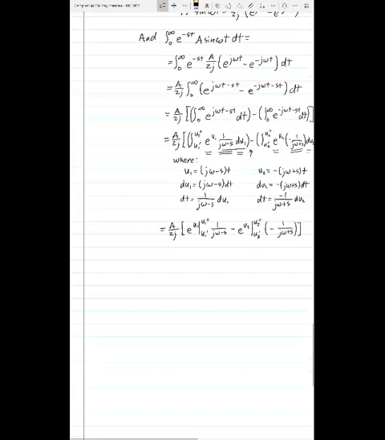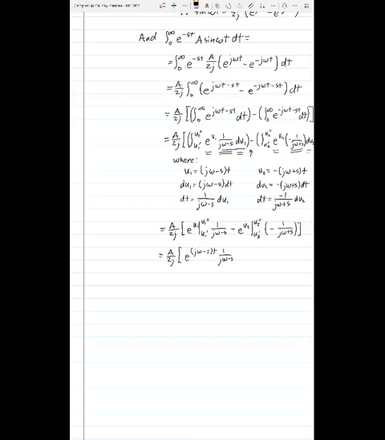So now back substituting in for our u's, a over 2j, e now to the j omega minus s times t, all that multiplied by 1 over j omega minus s.